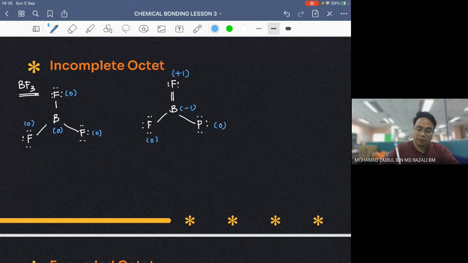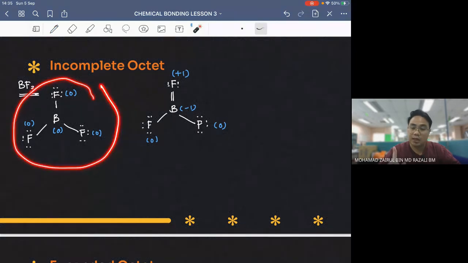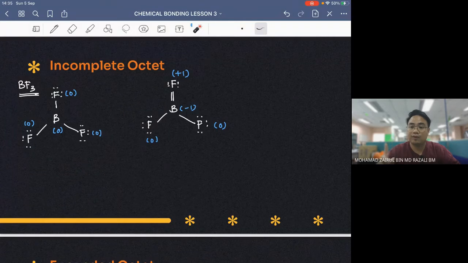If you compare the formal charge between these two structures, you will see that the first structure is the most stable, even though the central atom does not have 8 electrons. That's why we call this an incomplete octet. If you count the total valence electrons surrounding the boron, we only have 2, 4 and 6 electrons. Even though it is not 8, if we calculate its formal charge, it is still stable.